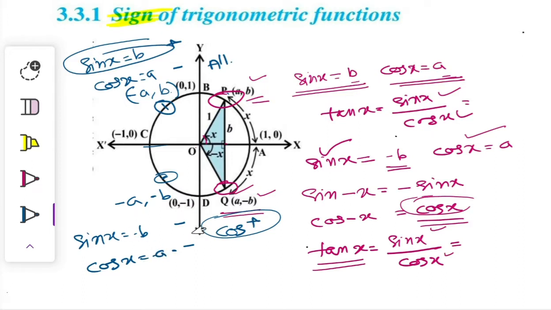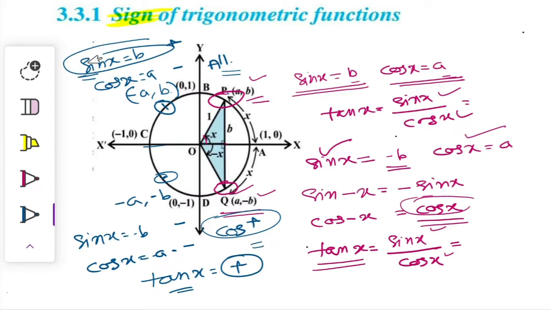But the negatives cancel out in tan x, and tan x remains positive. Therefore, in the third quadrant, tan x is positive. Look here: first quadrant all positive, second quadrant sin positive, third quadrant tan positive, and fourth quadrant cos positive.